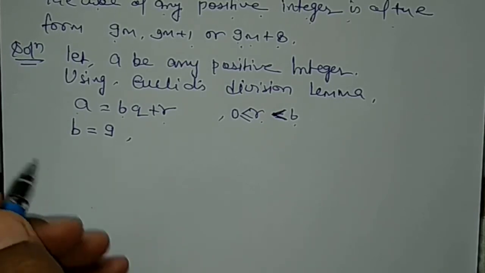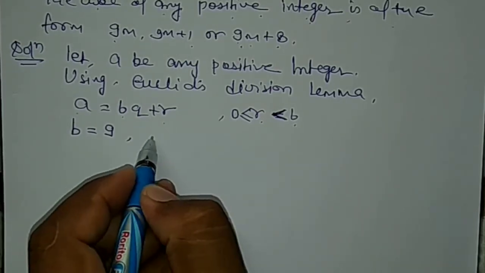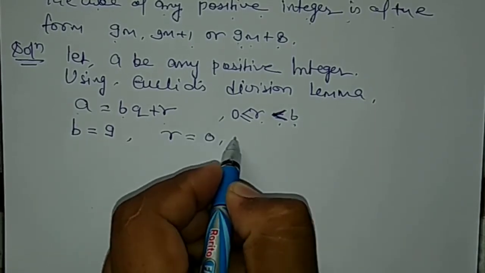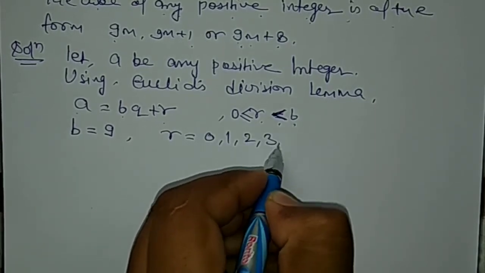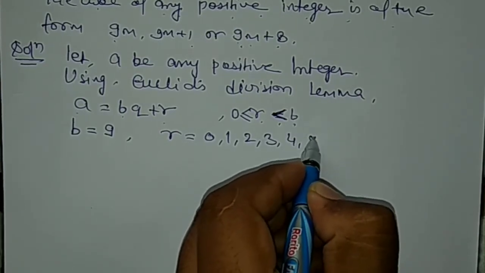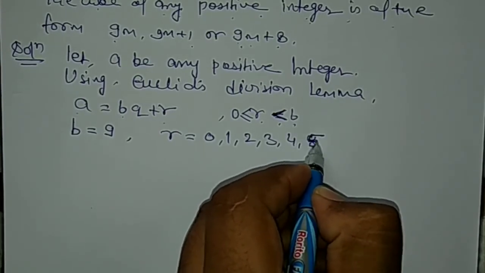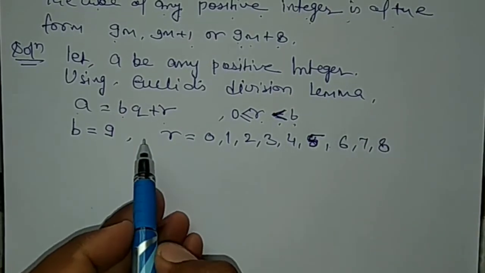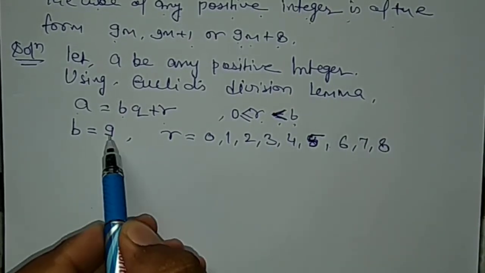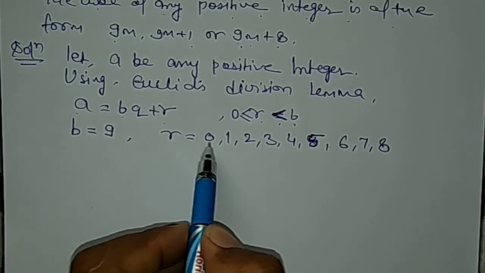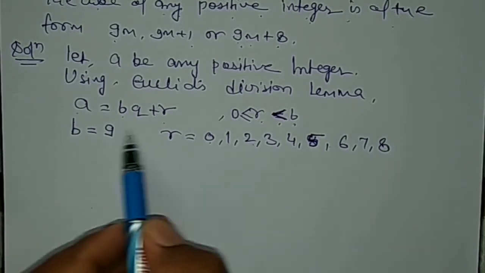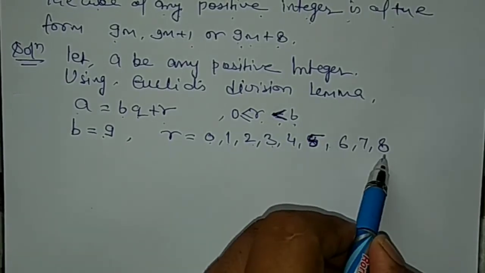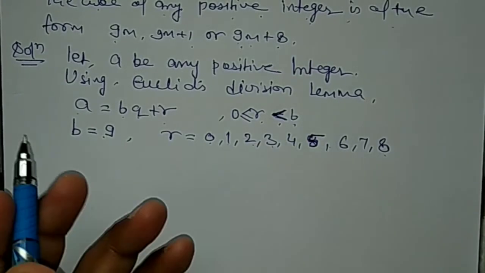If b is 9, then we take the remainder less than 9, so it may be 0, 1, 2, 3, 4, 5, 6, 7 and 8. These are the cases. Here the cases are 9q plus 0, 9q plus 1, 9q plus 2, 9q plus 3 and so on up to 9q plus 8, and we have to show the cube of these.